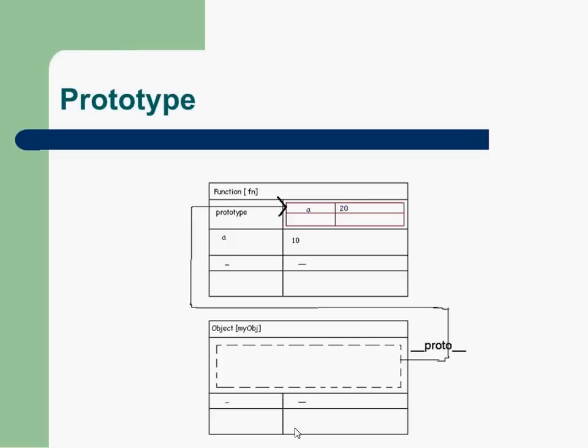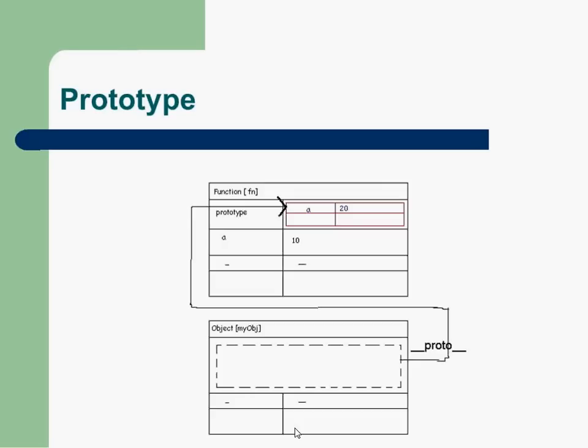Every object which you create using this function has a secret link. In Mozilla-based browsers, this link is available using __proto__. I will show how it works. It points to the prototype of your class or constructor function.